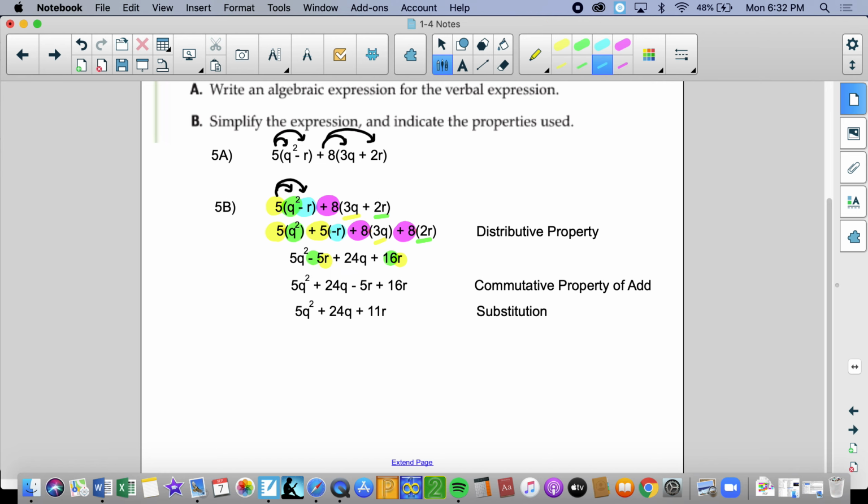So we're going to combine negative 5 and positive 16 to get positive 11, and then we're going to put it in standard form. So q's come before r's, alphabetical order, and then q squared is going to come before q to the first. So our final answer is 5q squared plus 24q plus 11r.